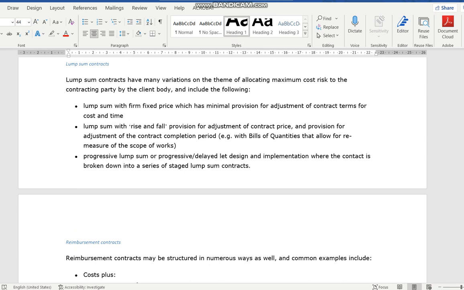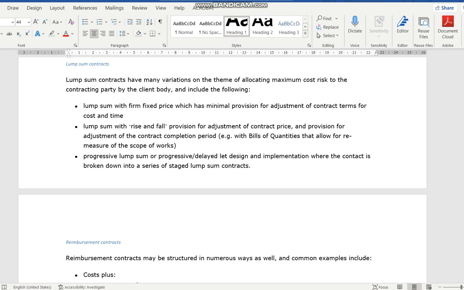So there are certain contracts like reimbursement where you could actually be paid as you do the work, you see. So you need to do remeasurement.